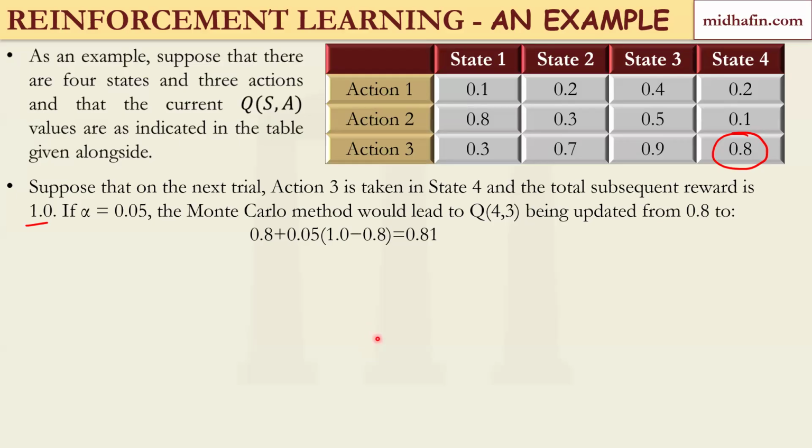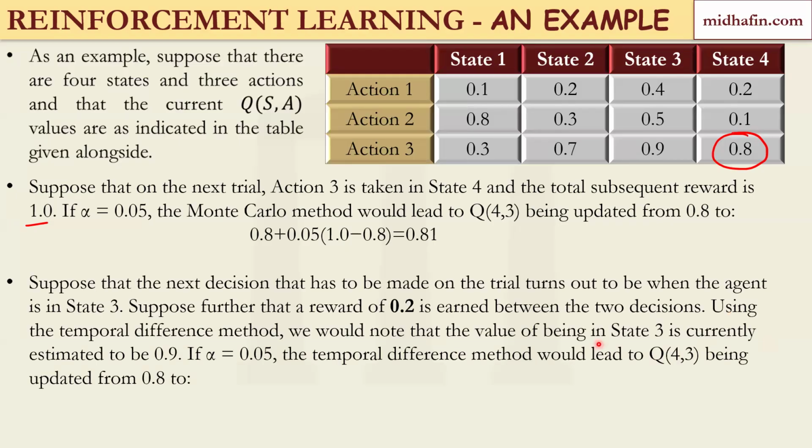Now, let's say we want to go for the temporal difference update. Again, we start at the same state action 3. This is the one which we are referring to initially. But instead of waiting until the end, we look immediately after this step.